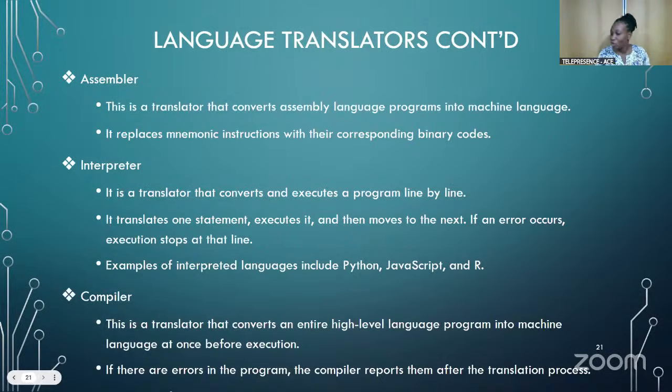If there is an error, it will not even execute the code at all. That's the difference between an interpreter and a compiler. An interpreter executes a program line by line, while a compiler converts the entire program into machine language at once before execution, and whenever there's an error, it will not execute it at all.